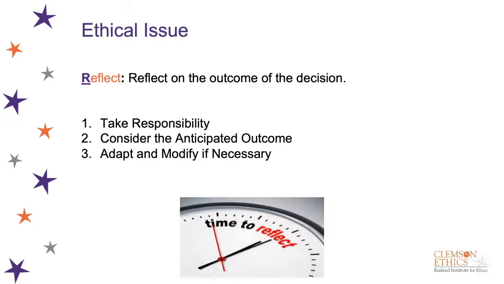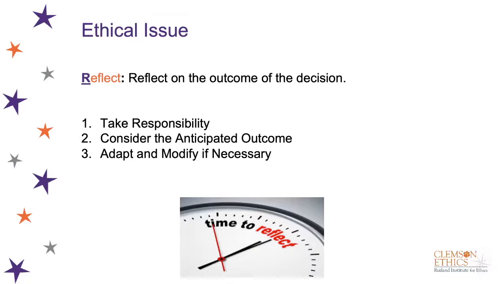An important last step is to reflect on the chosen solution. Remember the 3 steps to this. We feel comfortable with the decision we have arrived with after running the ethical dilemma through the tests, so we can take responsibility for that decision.